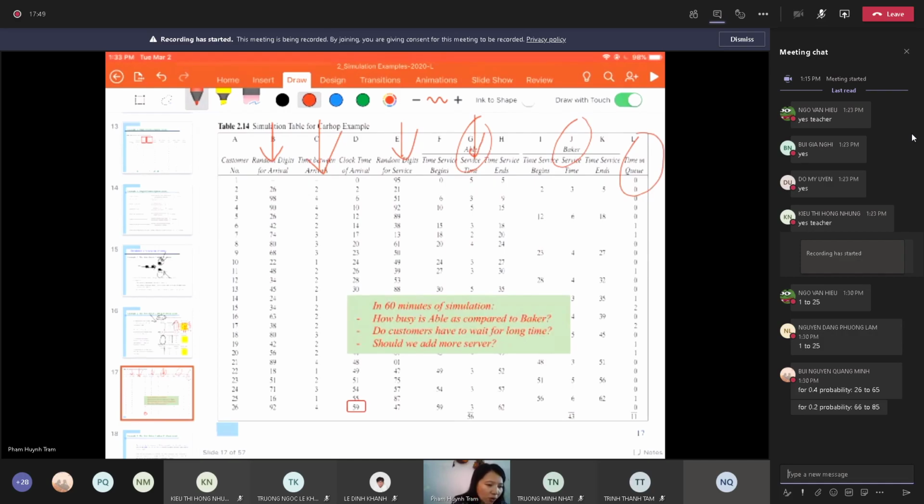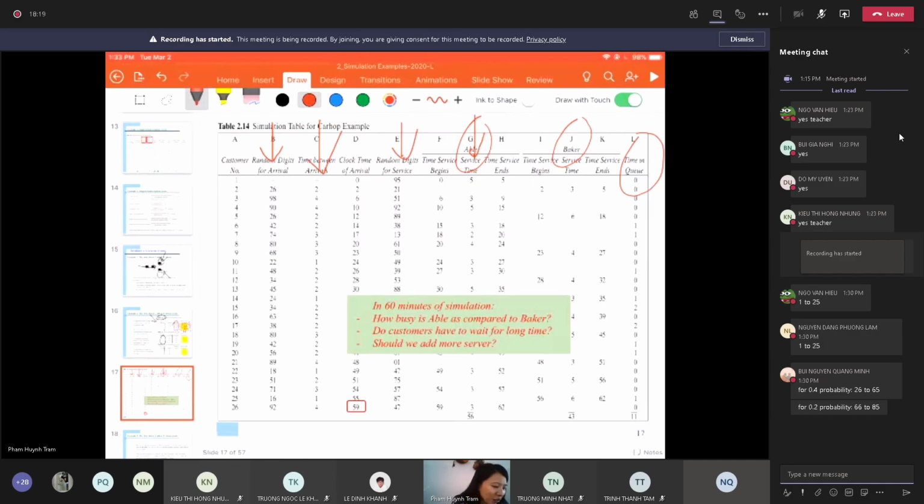Okay, so in this example, we will do the simulation for 60 minutes. Remember in the previous example, we did the simulation for 20 customers. There are two ways to decide the length of the simulation. Either you decide by time, how long you want to run the simulation, like 60 minutes in this example, or by how many customers you want to simulate.